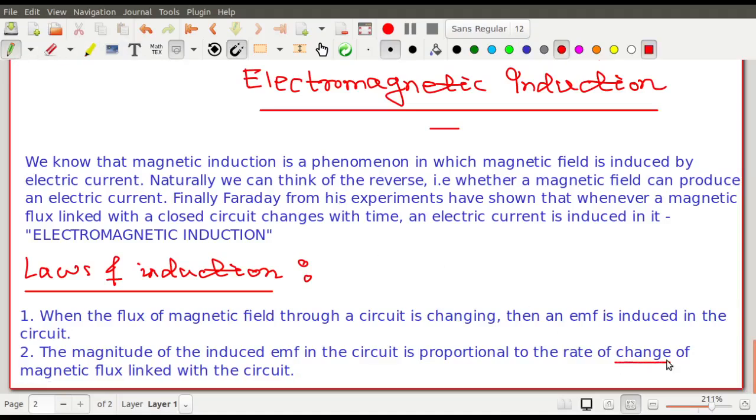So wherever there is a change of magnetic flux, the rate at which the flux changes, ফ্লাক্সটা যে রেটে চেঞ্জ করে, কারেন্ট ইজ প্রপোর্শনাল টু দ্যাট। That means the current or the induced EMF, মানে ভোল্টেজটা, is proportional to d phi by dt, where phi is the flux linked with the circuit, and mathematically flux is given by what? Flux is given by B dot ds. Mathematically this quantity is defined as the flux. In electricity also it is E dot ds, and this quantity also develops the Gauss law or the integral form of the Biot-Savart's law.